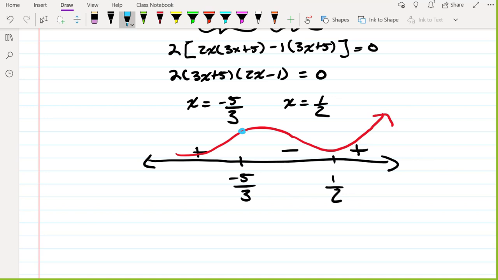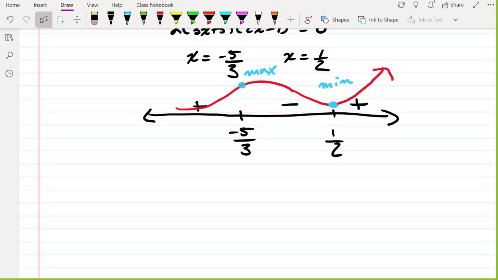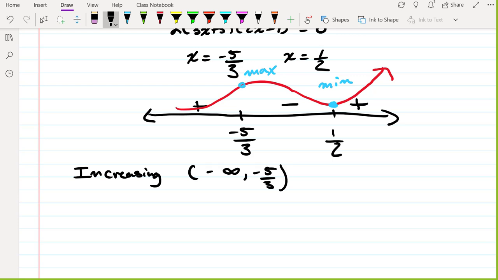So then we went from increasing to decreasing, so that's going to be a max, and then we went from decreasing to increasing, so that's going to be a min. That tells us that our function is increasing from negative infinity to negative 5/3, unioned with 1/2 to positive infinity.